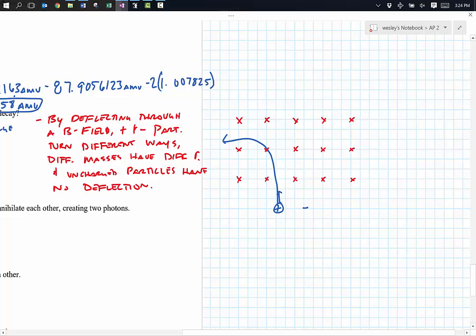If we sent a negative particle, it would turn in the opposite direction, and a gamma particle, which doesn't have any charge, would go straight through. So we can determine the charge based on which way it turns in the field, and if it had less mass, it would turn tighter.